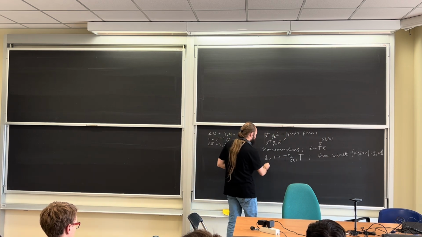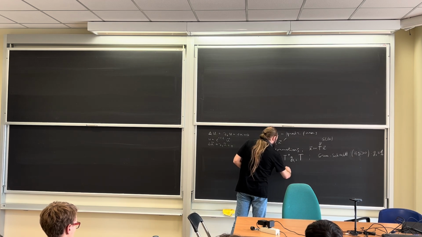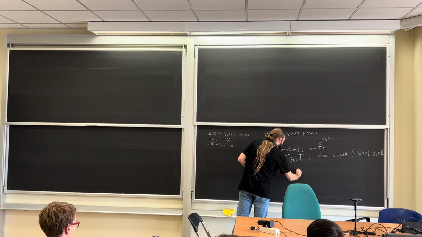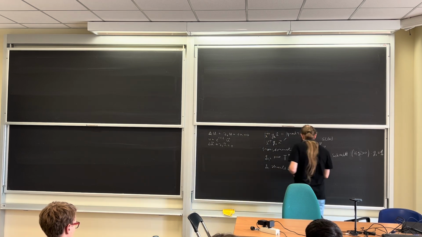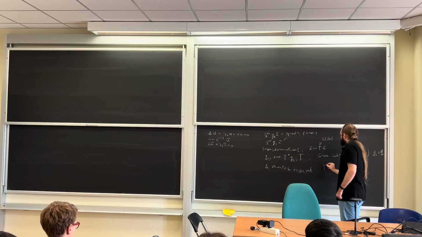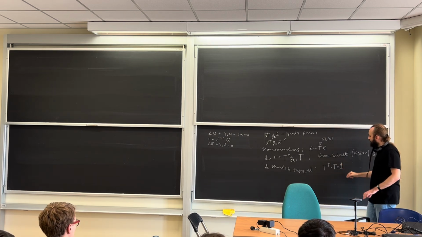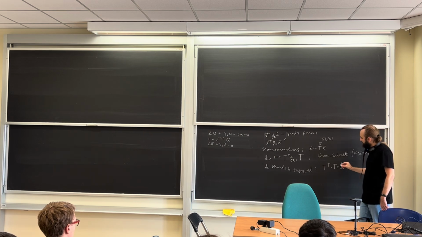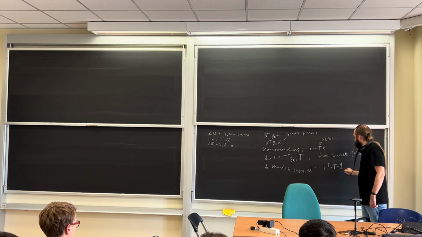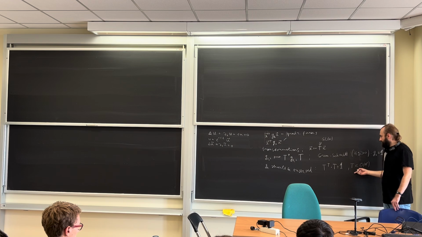Now G2 should be preserved. It means that T transposed times T equals 1, and it means that this T lies in the group On, and this group is still big.